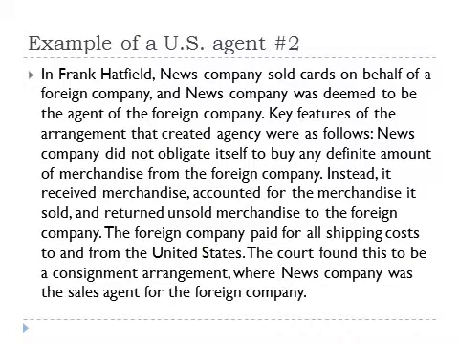Instead, it received merchandise, accounted for the merchandise it sold, and returned unsold merchandise to the foreign company. The foreign company paid for all shipping costs to and from the United States. The court found this to be a consignment arrangement where News Company was the sales agent for the foreign company.